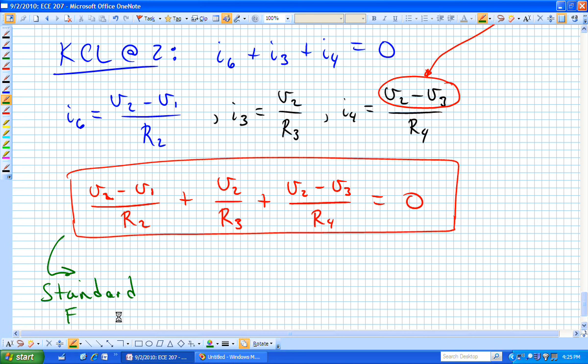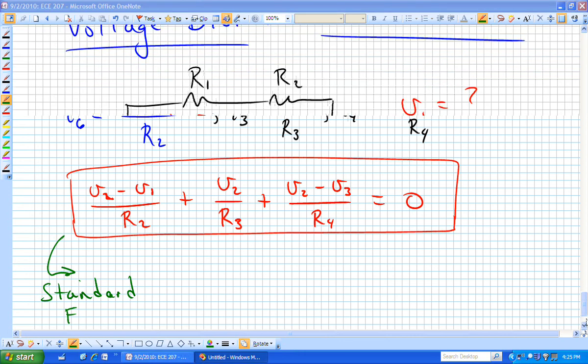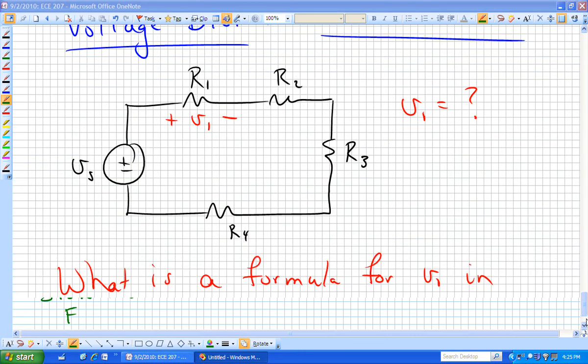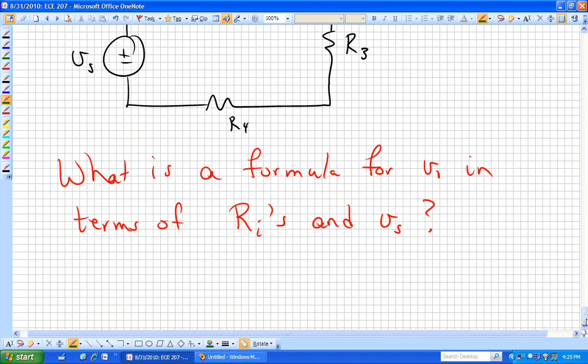And the standard form is going to be collecting all of my coefficients that multiply V1, all of my coefficients that multiply V2, and all of my coefficients that multiply V sub 3.